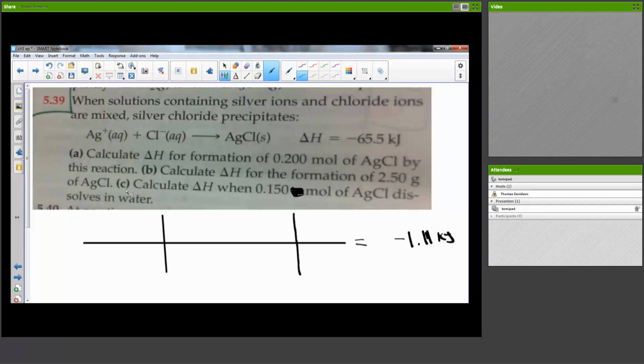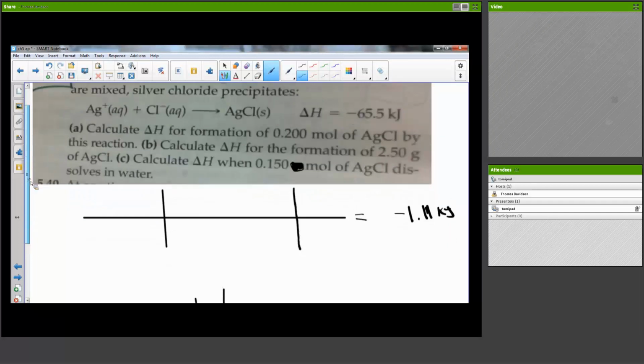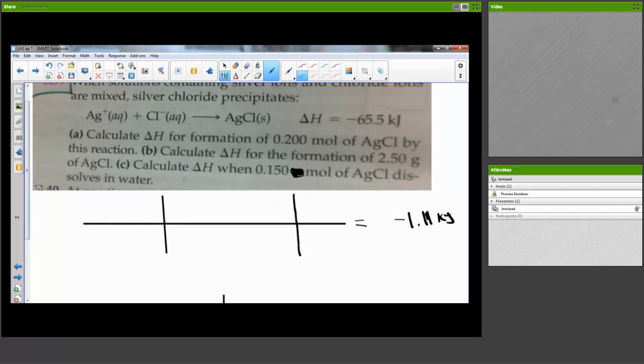All right, so let's Jeopardy this thing. That's the answer, but what's the problem? So start how? If I give you a number, you got to start there. 2.50 grams of AgCl. Do I want grams in my answer? No, so I have to calculate the grams of AgCl, and that was 143 point something, but I just said use 143.